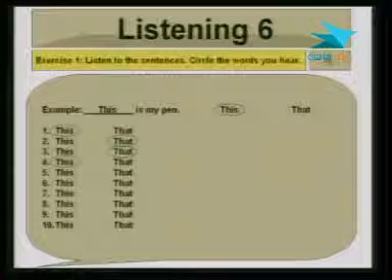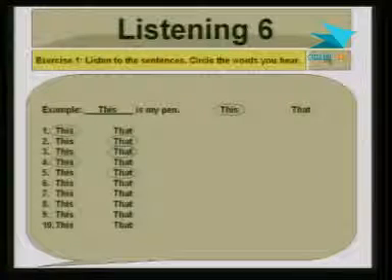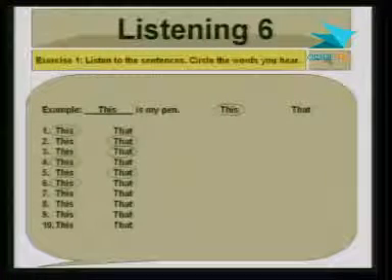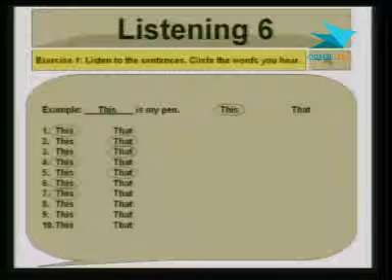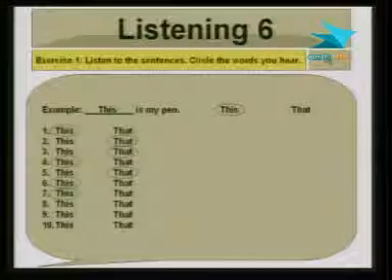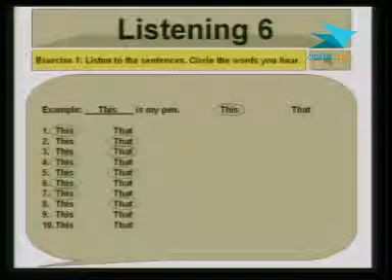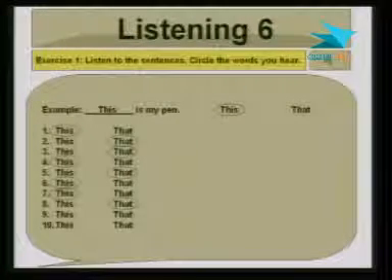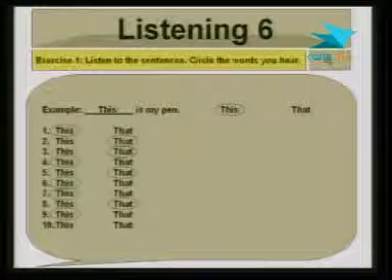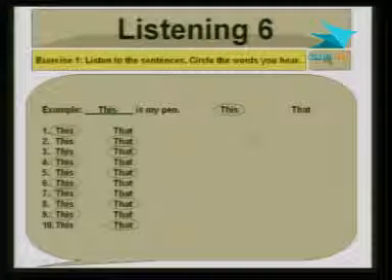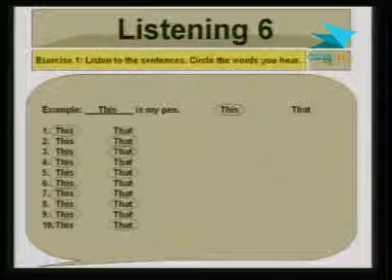Is that your umbrella? 6. This is not my umbrella. 7. Is this your ring? 8. Yes, that's my ring. 9. This isn't my homework. 10. That's their car. End of chapter 2.